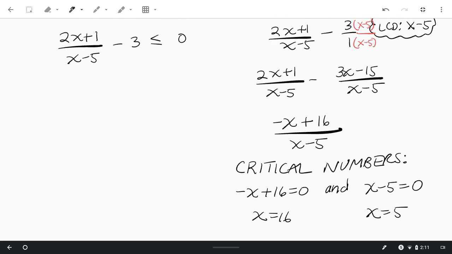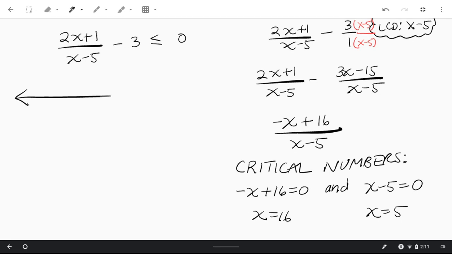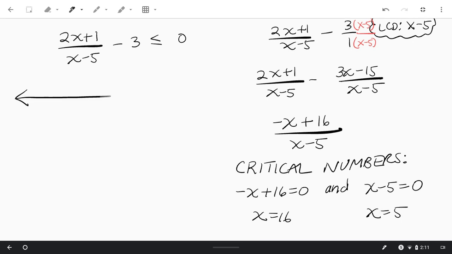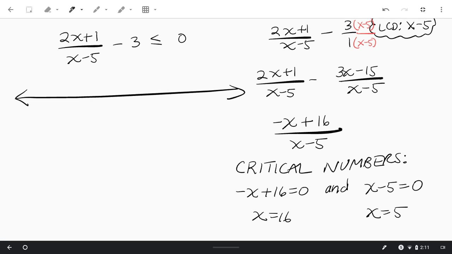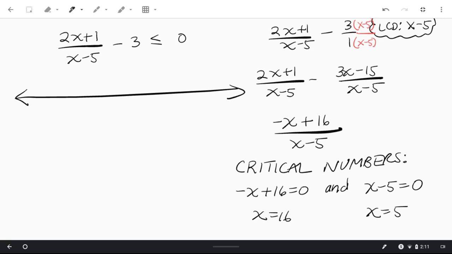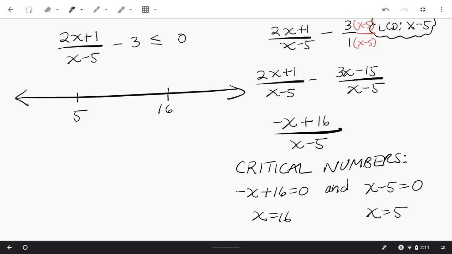All right, so we're going to put 5 on the number line and 16. So let's put 5 somewhere over here, and we'll put 16 somewhere over here. And we see that the number line gets split up into 3 regions again.